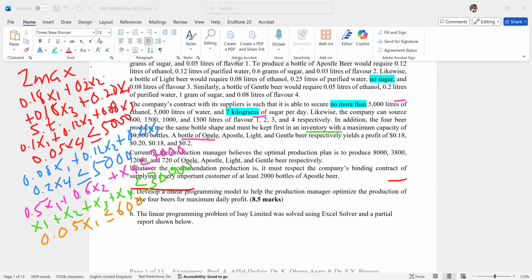Sorry, I missed you because of my network. 0.03 x2 less than or equal to 1,005. So that is flavor 2. Flavor 3. 0.08 x3 less than or equal to 1,000. Flavor 4. 0.08 x4 less than or equal to 1,005.